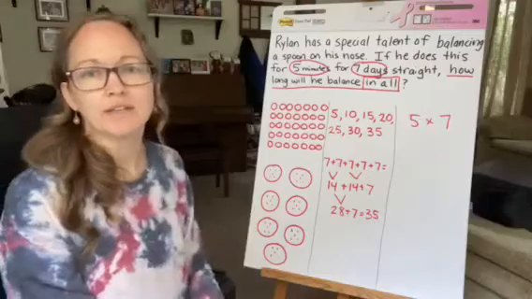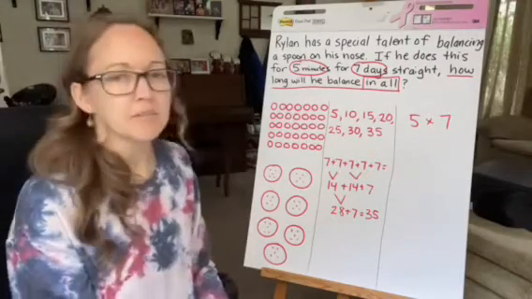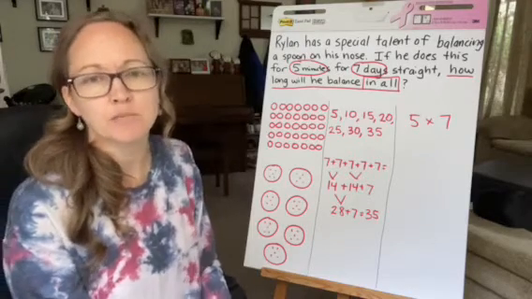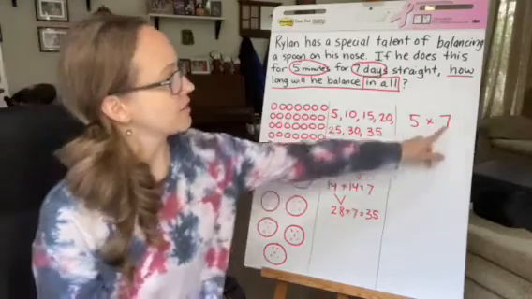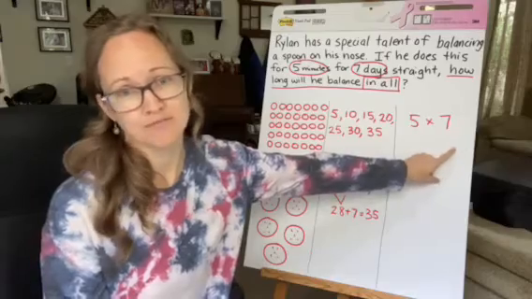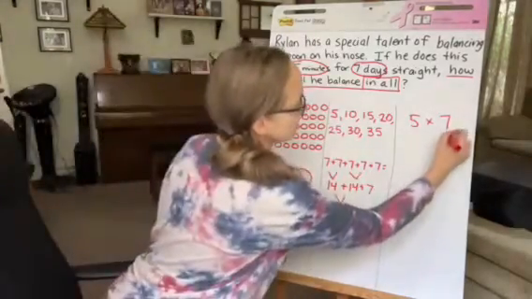And let's see if we can break that up into 2 smaller multiplication problems. Because 5 is a friendly factor, let's hold on to the 5 and let's break apart the 7 into 2 smaller factors. How about 5 and 2? We love the 5s, right? So let's pull 5 and a 2 out of this 7.